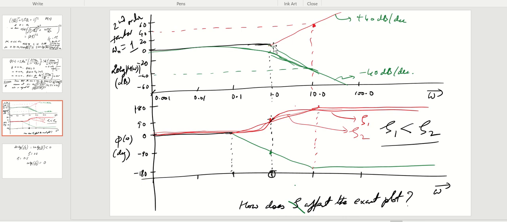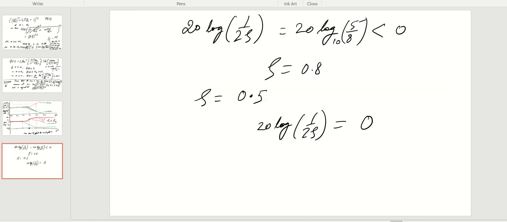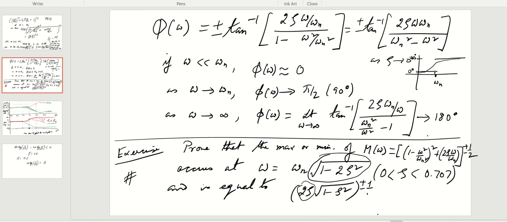So there is no need for any correction in that case. That is what this reveals, apparently. But remember, this exercise that I've just given you tells us that there is a peak which precedes omega n. And at this peak, the value is not really 1 by 2 zeta, but rather a little more than 1 by 2 zeta.